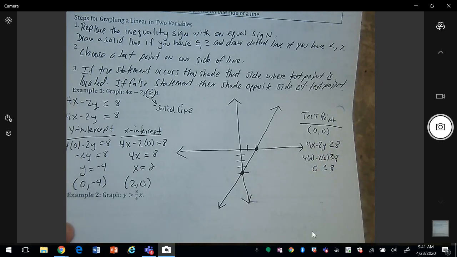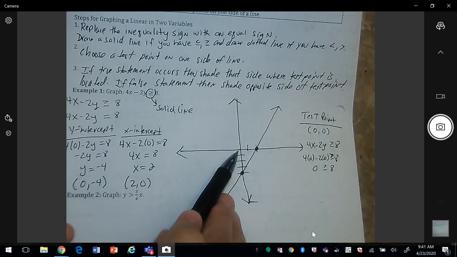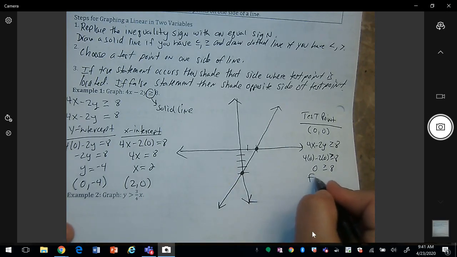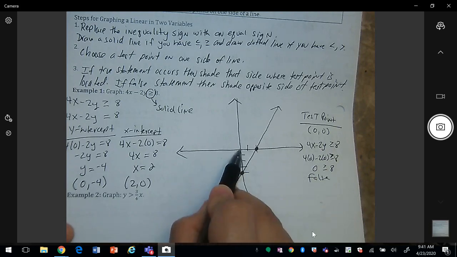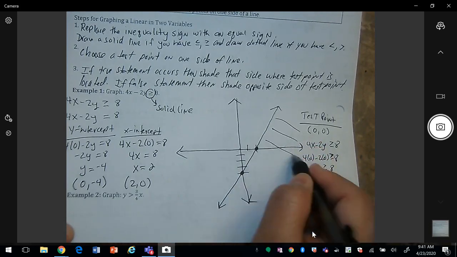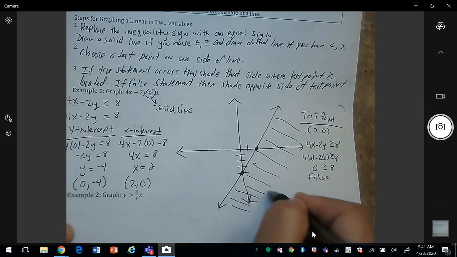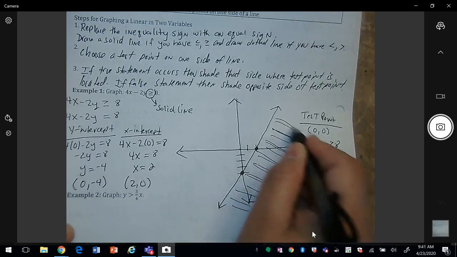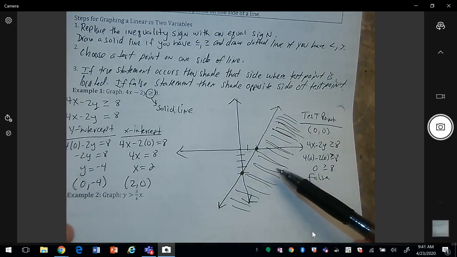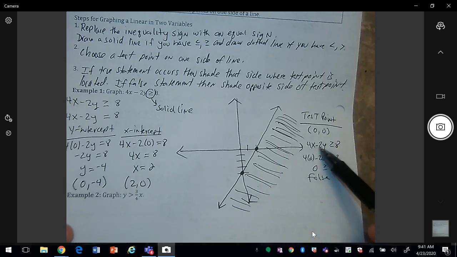Well, 0 is not greater than 8. So here's our test point. Since it gives me a false statement, I'm going to shade on the opposite side. What this means is that any point you choose on this side of the line is going to satisfy this inequality.